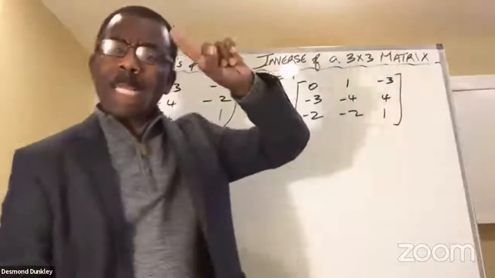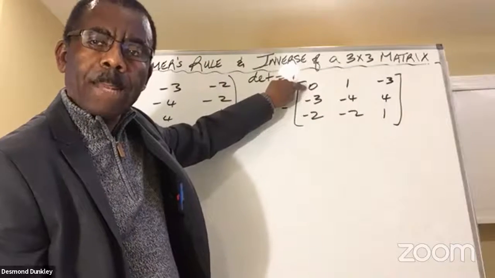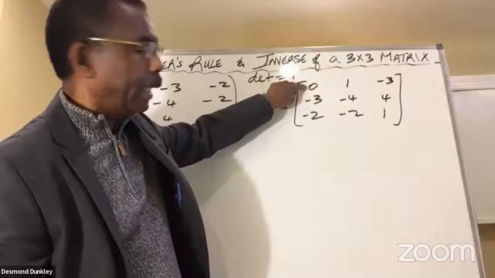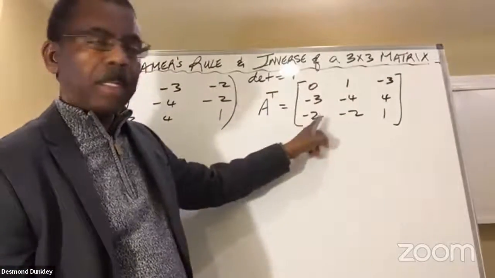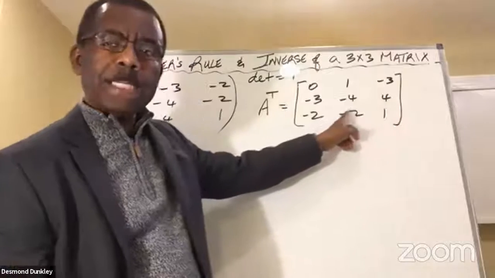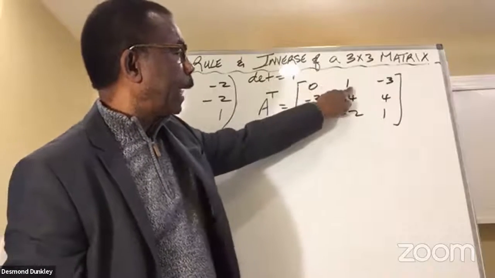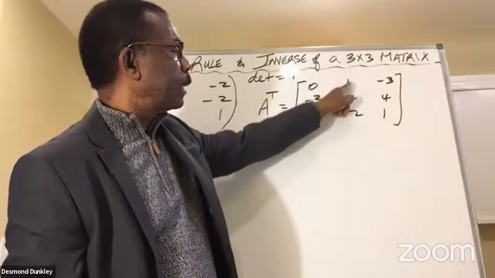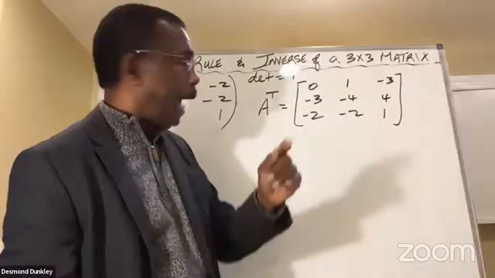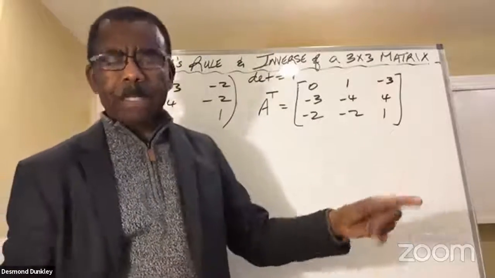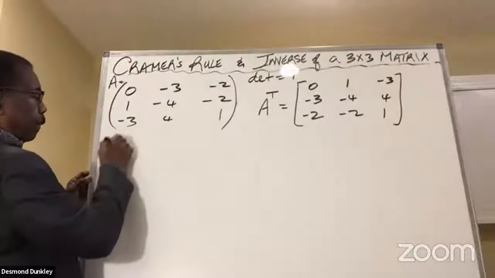We have a total of 9 entries. If you take the entry right here, there's going to be what is called a minor. The minor is what is created by canceling this row, canceling this column, and finding the determinant of what is left. That's going to give me the first entry. Then for the second entry, cancel this column, cancel this row, and do what we do right here. I did it before, but I didn't save it, so I'm going to have to do it all over. So the matrix of minors.